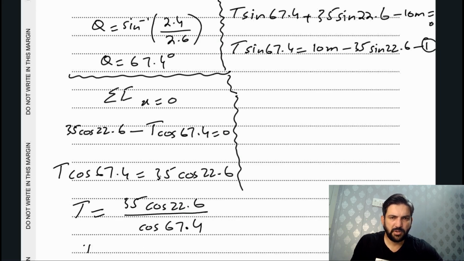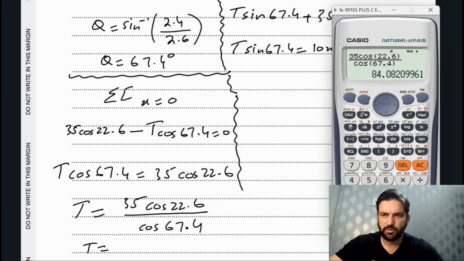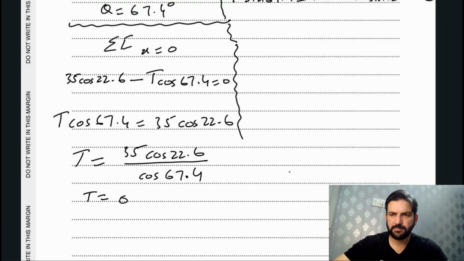Now from here we can easily write down the value of T. So this will be 35 cos of 22.6 divided by cos of 67.4. So the answer will be 80.082. So basically this will be 80.0.